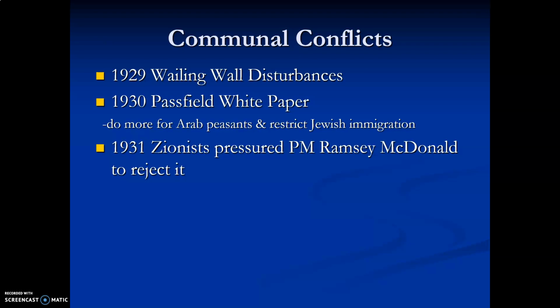They put some pressure on the British government, so they mounted a lobbying effort to the Prime Minister, Ramsay MacDonald, to reject this White Paper. Their biggest concern is that they do not want to restrict Jewish immigration to Palestine. And this campaign was successful.